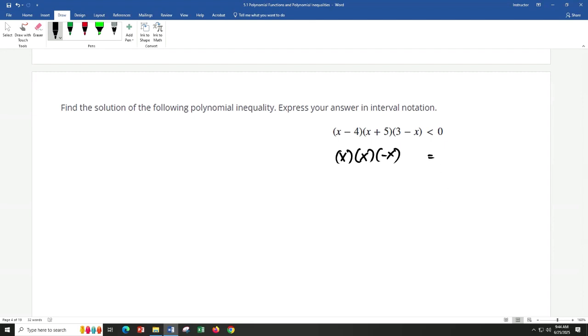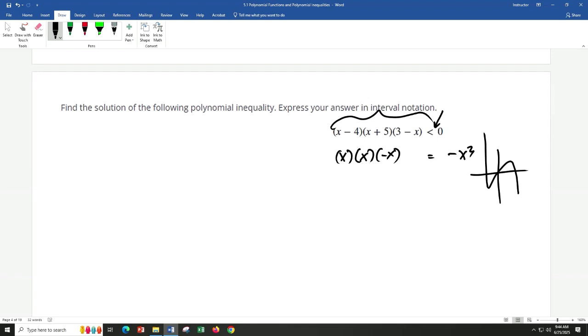X times x is x squared. Boy, don't start losing me now. Times -x. Yeah, -x cubed. Well, doesn't that just create a... You tell me you can't find the zeros for that, and then you just got to make sure. Hey, is it less than? Is it strict? Is it not strict? That's how hard that one is.